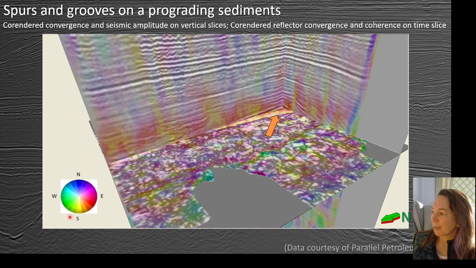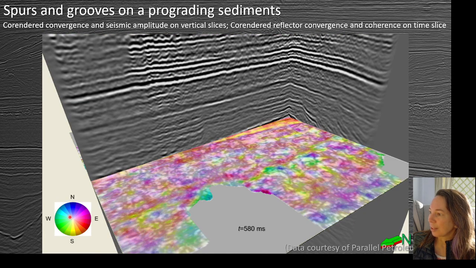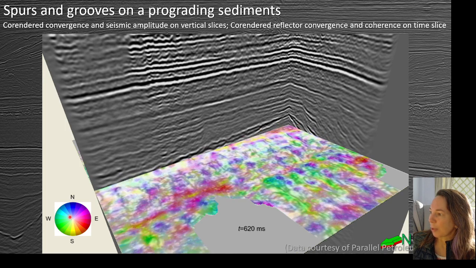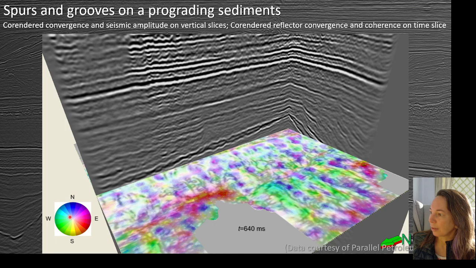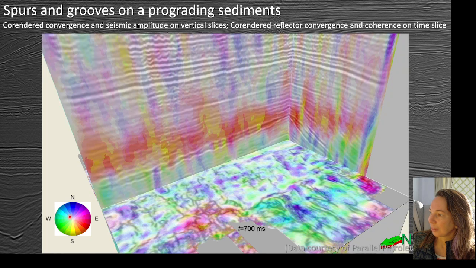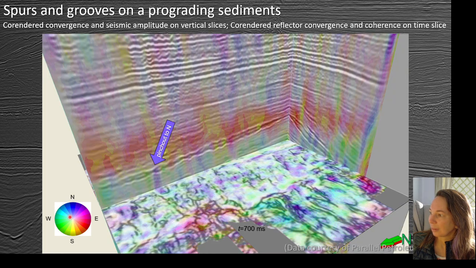All right, moving that time slice up a little bit further, and then further still. Now we're going to move back down through it. And so you can see how looking at this feature, we can use the azimuth to help us understand the three-dimensional structure.